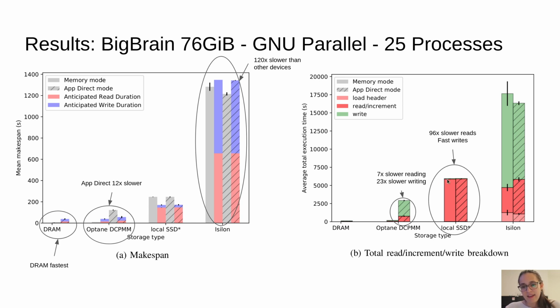What we can assume is that all the writes were able to be done through the page cache, whereas the reads, because we were reading a new file each time, wouldn't have been in cache, and so it would be slow. And then what's interesting is that for Lustre, the read time was actually slower than SSD, and that's probably because Lustre is a more scalable device than our local SSD, which is just one device.